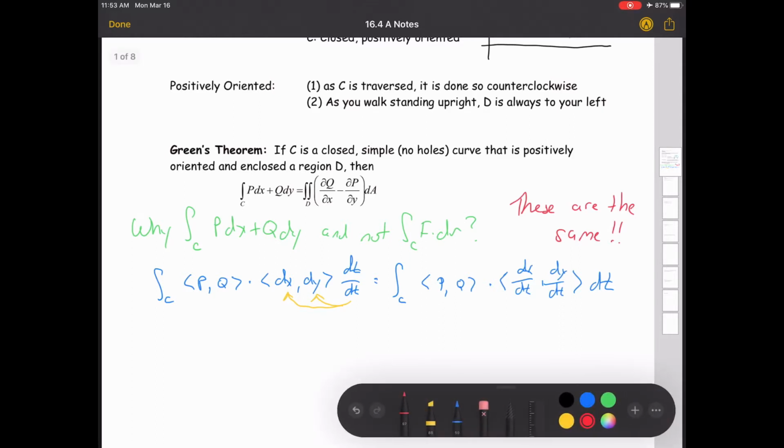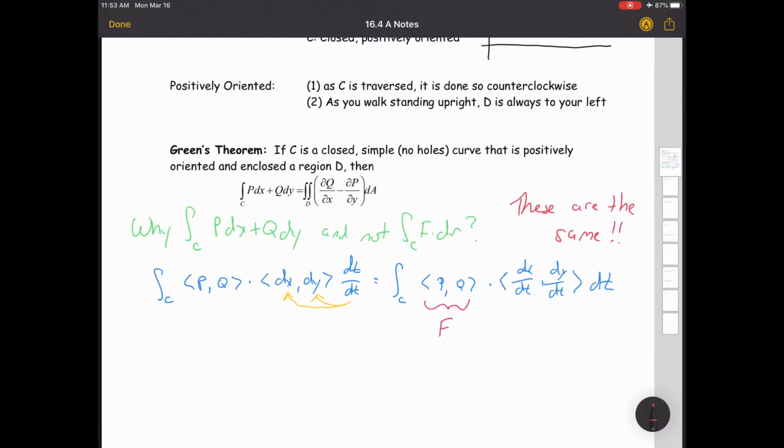And this, of course, would be f, and all of this just represents r prime of t.